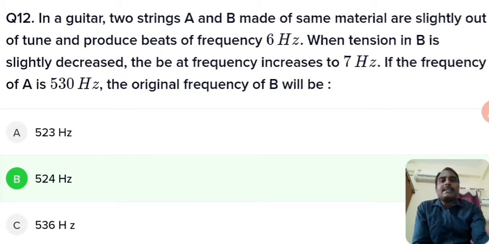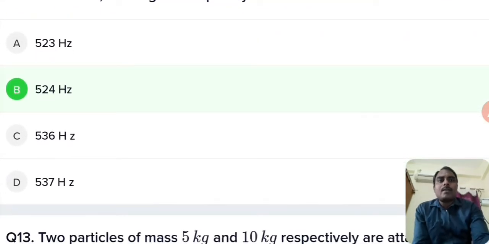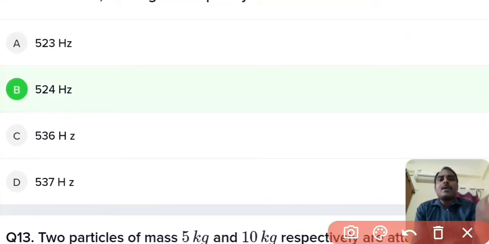So for that, let us write the first case. In the second case, tension in B is slightly decreased. When tension in B is slightly decreased, the frequency of B decreases. When the frequency of B decreases, the beat frequency increases to 7. The beat frequency formula is the difference of frequencies. In the first case the beat frequency is 6.